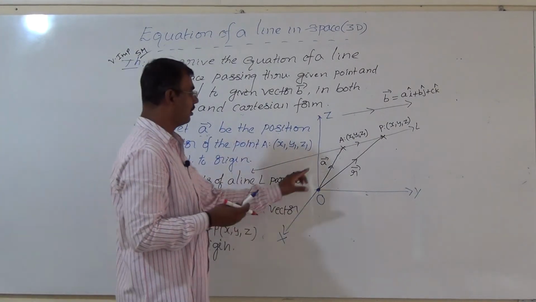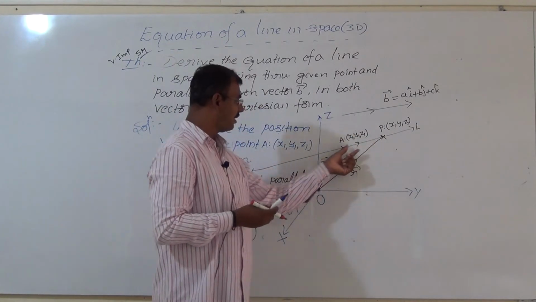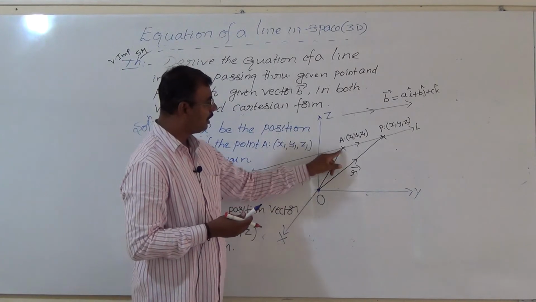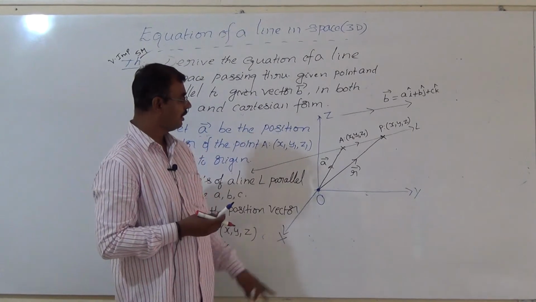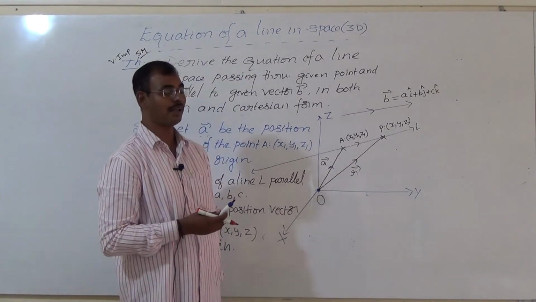Now we are going to the conditions, observe that. O, A, P, what do you call this from the diagram? Is it a triangle? Yes, OAP is a triangle.